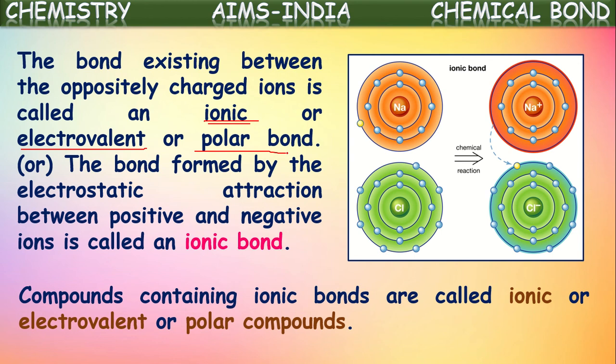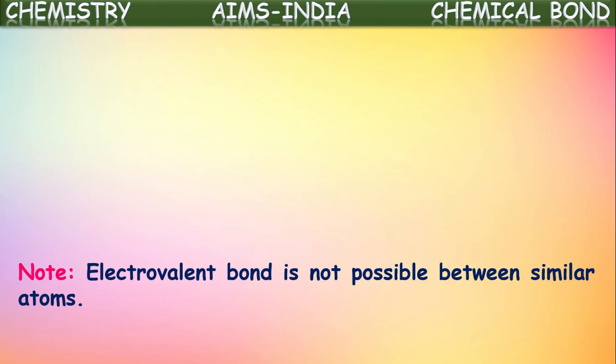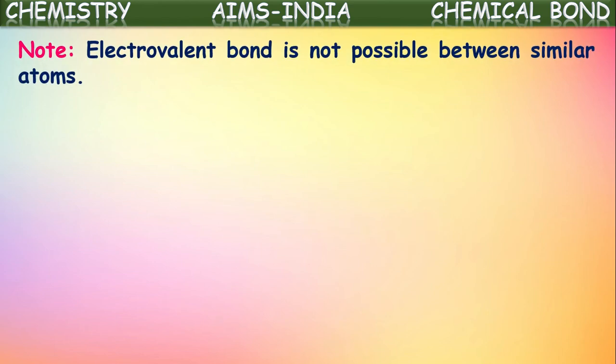Next, we have to note one point here. Electrovalent bond is not possible between similar atoms. Because there should be two different kinds of atoms where one is ready to lose electrons and the other one is ready to gain electrons. For example, if you take two sodium atoms, one sodium atom will be ready to lose an electron. The other sodium atom is not at all ready to gain electrons, isn't it?